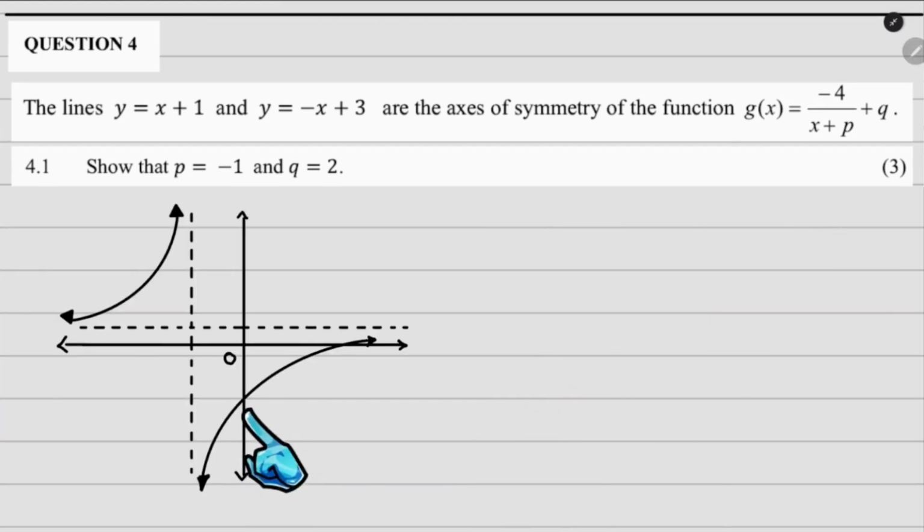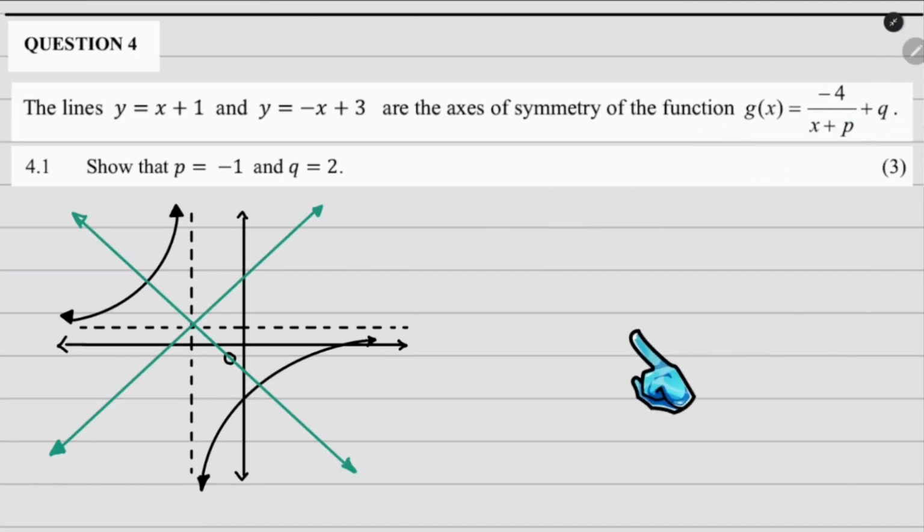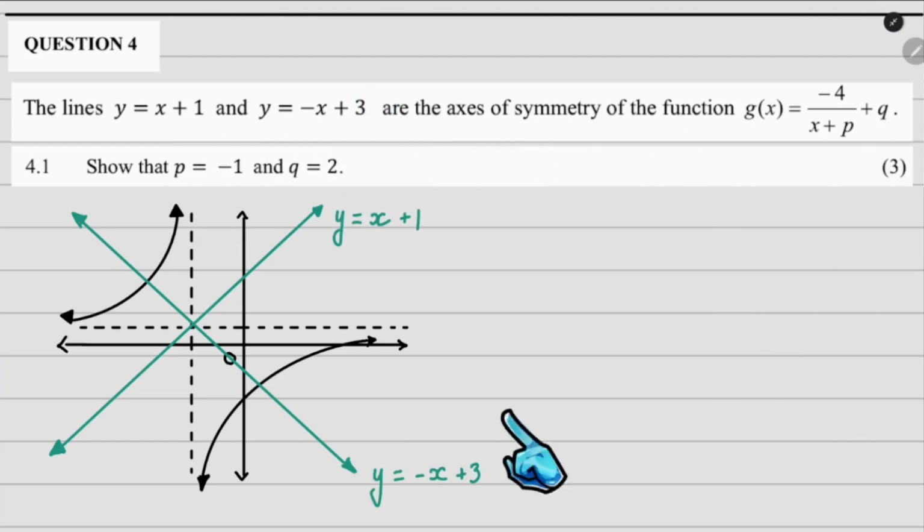For any given hyperbola, you have 2 axes of symmetry that run through this point over here. The one goes uphill like this, and the other one goes downhill like this. They've actually given us the equation of these 2 lines. I know that the one with the positive gradient, the number in front of x, 1 over here, is this one that goes uphill if you read it from left to right.